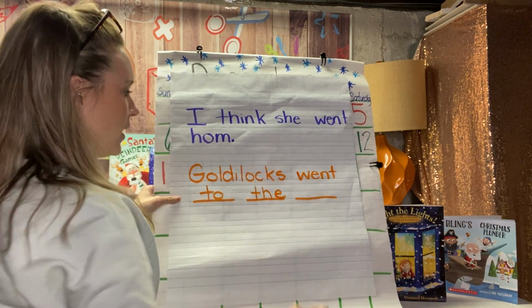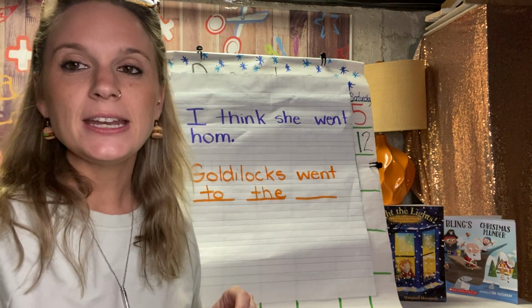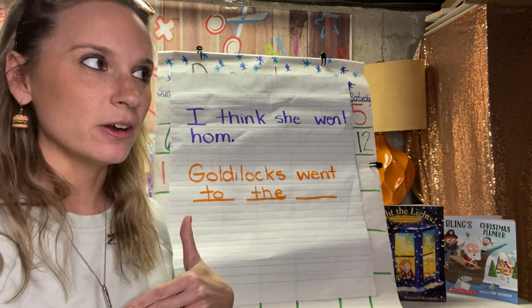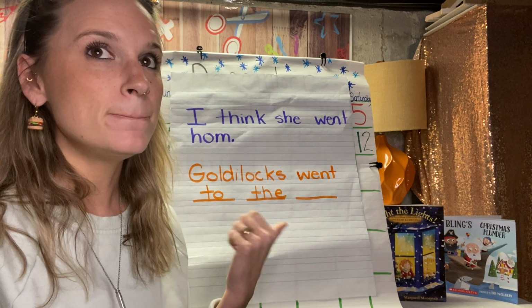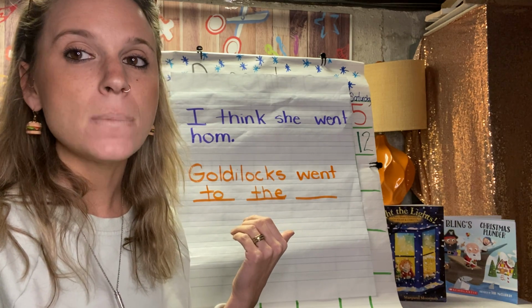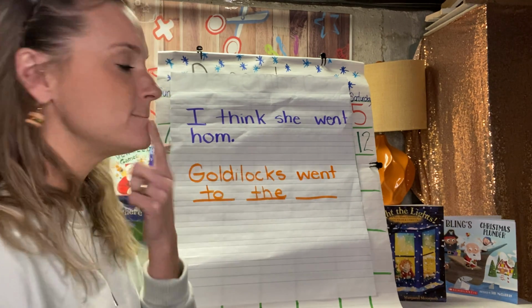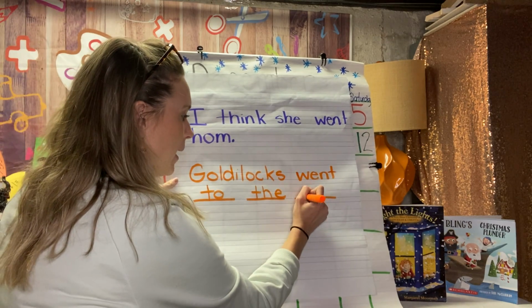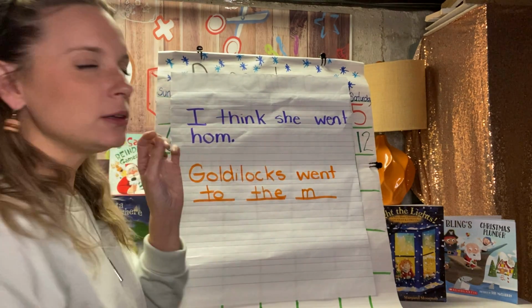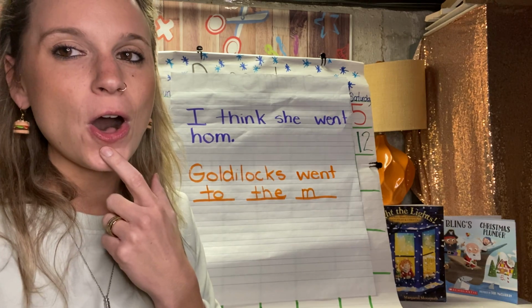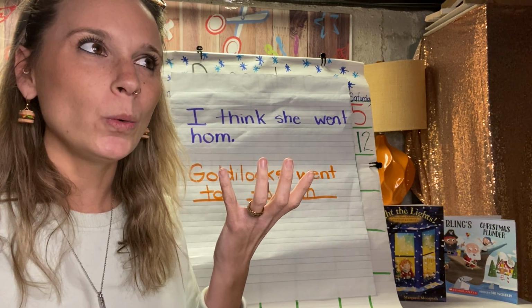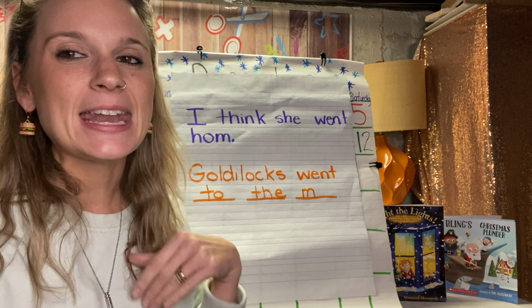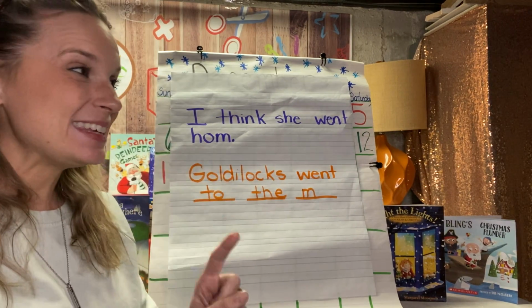Okay, now I'm at this next word where I need to think about the sounds I hear and how many there are, and I'm going to write that many letters. So, mall. Mall. I'm going to put an M. Now this one's a little bit tricky after here. All. It kind of sounds like an O, but it also kind of sounds like an A. I'm going to tell you that it is an A, okay?